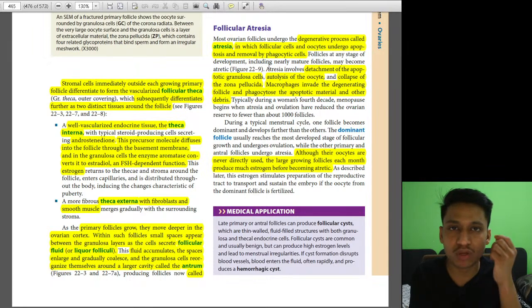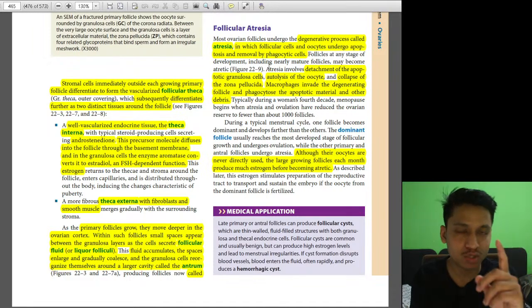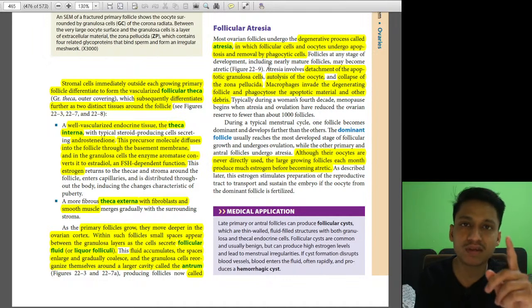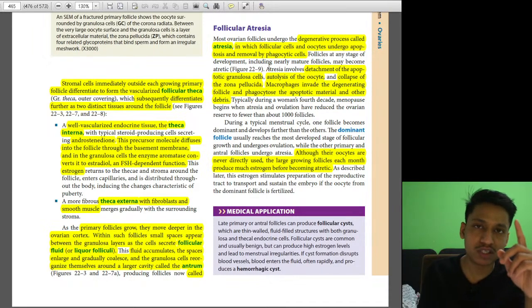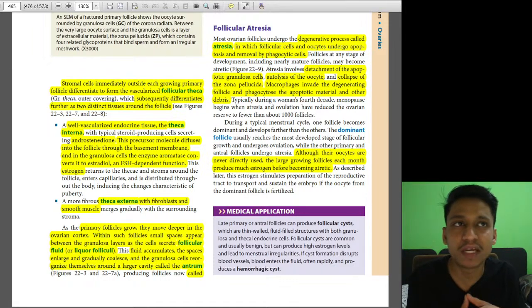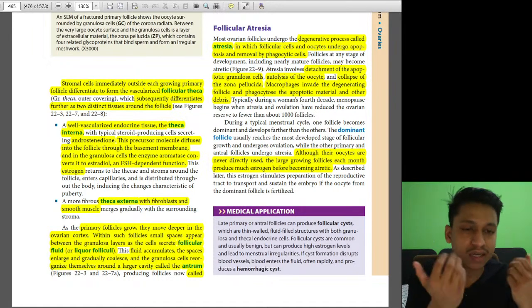You never know, because only one oocyte will ovulate. Some follicles might be in the secondary stage, or the primary stage, multilamellar or unilamellar, and become atretic.